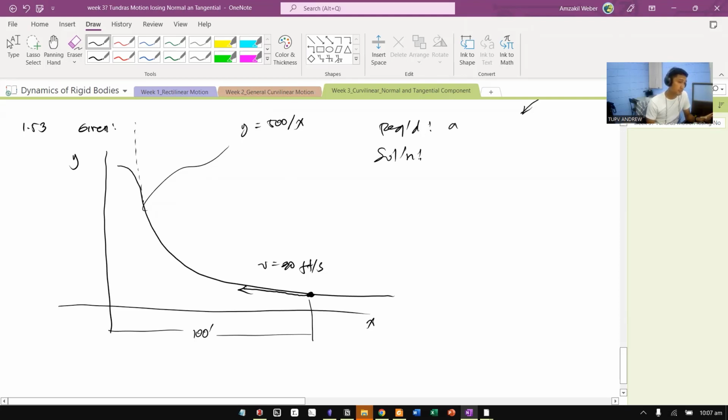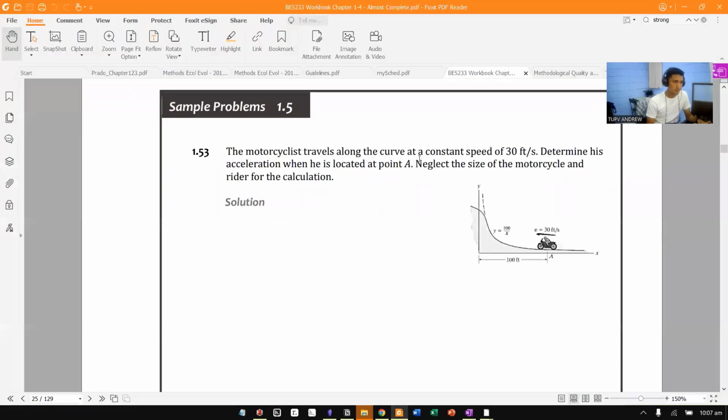The given is the function. We can utilize this one to solve for the radius of curvature. Once we have the radius of curvature, we can solve the normal acceleration by v squared over the radius. And the tangential acceleration is zero because of constant speed.